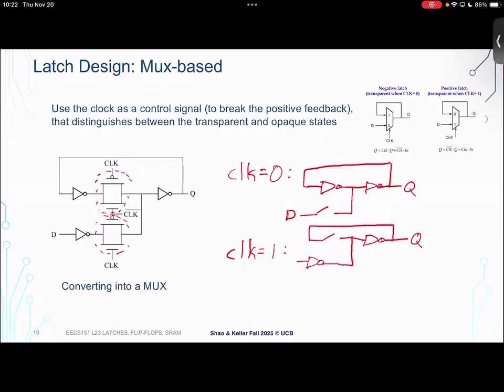So that positive feedback, oops, I missed an inverter here, sorry. But the positive feedback between the cross-coupled inverters is broken. So they're no longer remembering the previous value. Instead, it's just passing D through to Q. It's inverting it twice, so it's buffering it, which is fine.